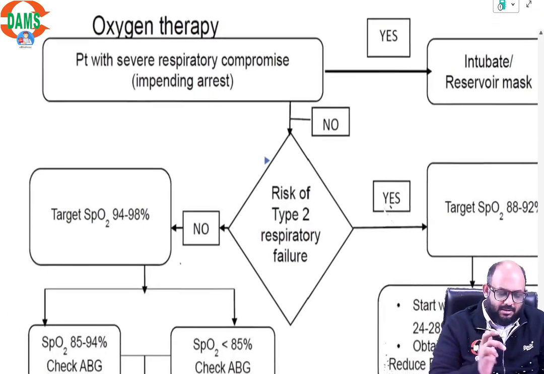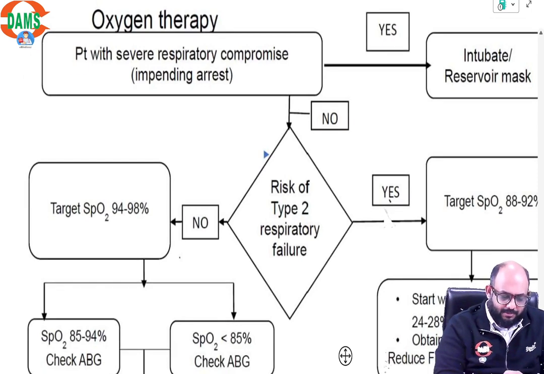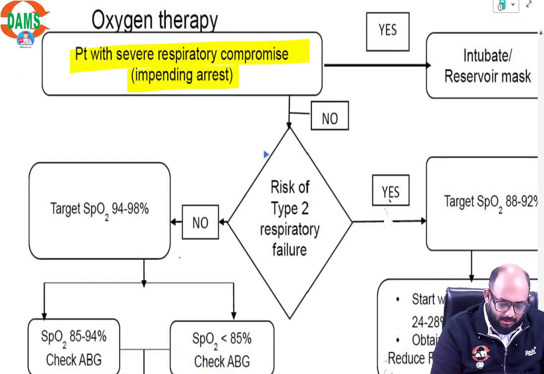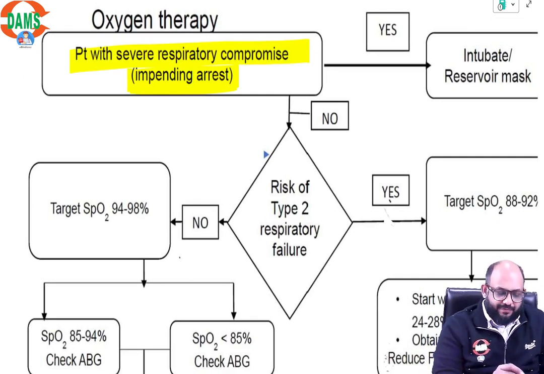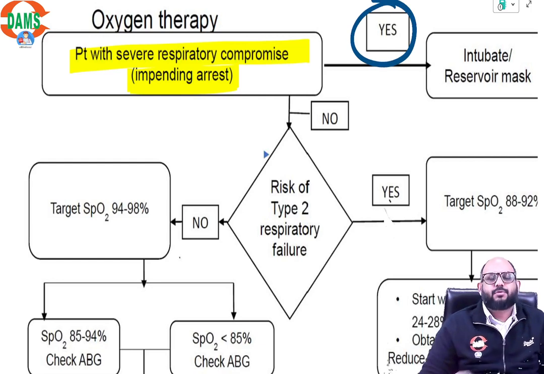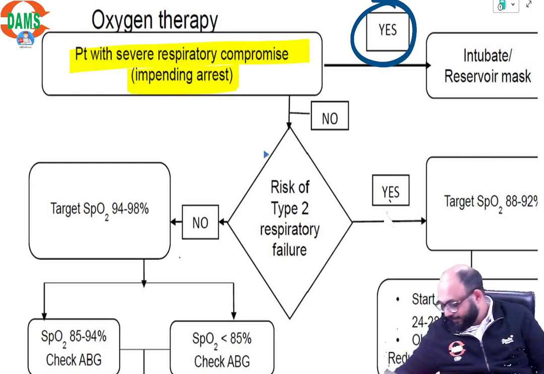Let's first ask the first and the most important question. Patient with respiratory compromise or impending arrest. If the answer is yes, then what will you do? If the patient is in impending arrest or severe respiratory compromise, what will you do?